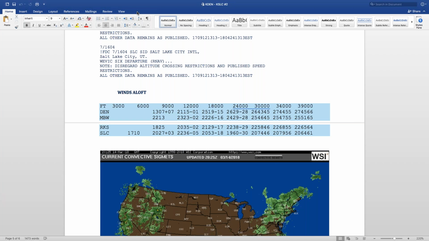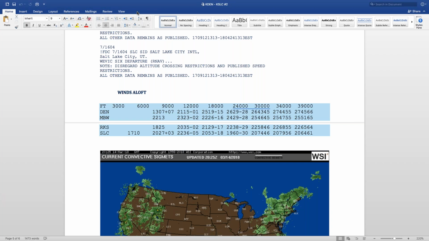MBW and RKS, 38,000. So we're going to take the 2 points that are along our route, which end up being MBW and RKS. So you have to interpolate for 38,000. For sanity's sake, we can just run 39 and call it good.